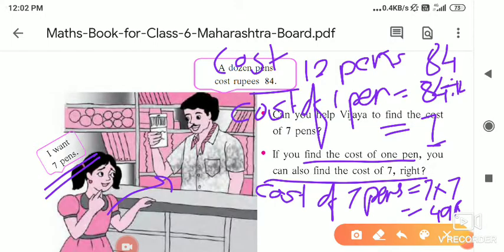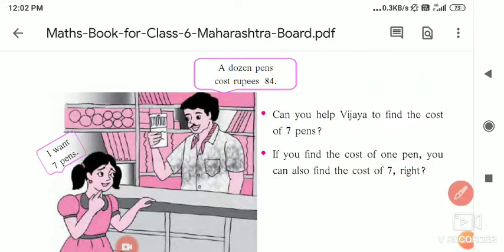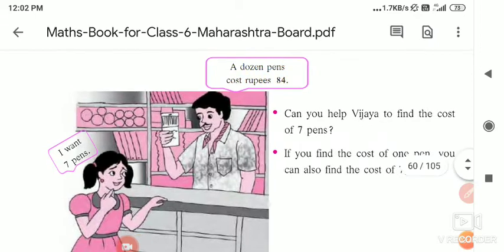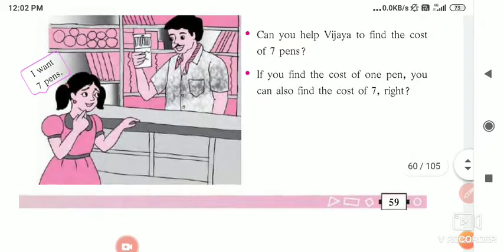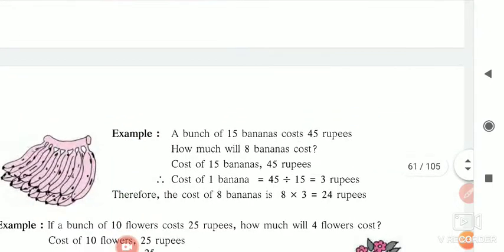This method is called the unitary method, and we use it to find the cost of a number of articles from the cost of many articles. Many articles' cost is given, from that we find the cost of 1 article, and from 1 we find the cost of the required articles.